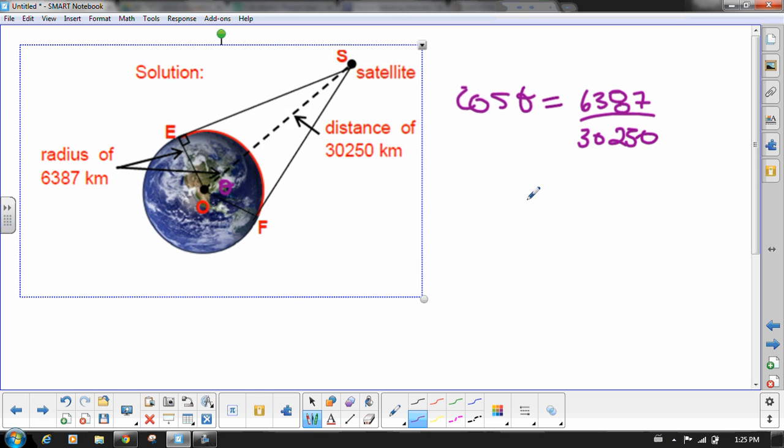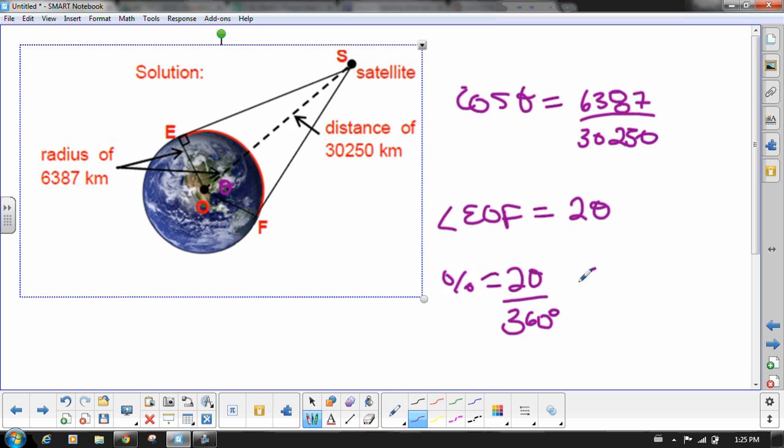Once I know that angle, I need to double it, so we're looking for angle EOF. So that'll be 2 times the size of that angle. From there, the percent is going to equal 2 theta over 360 degrees times 100.